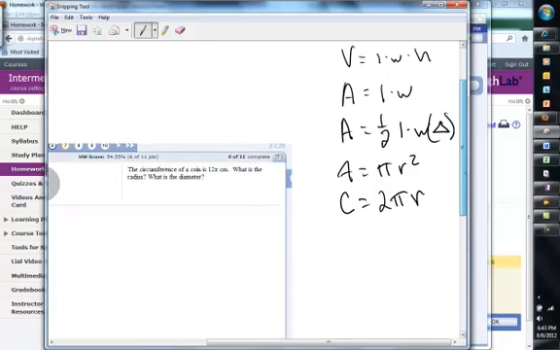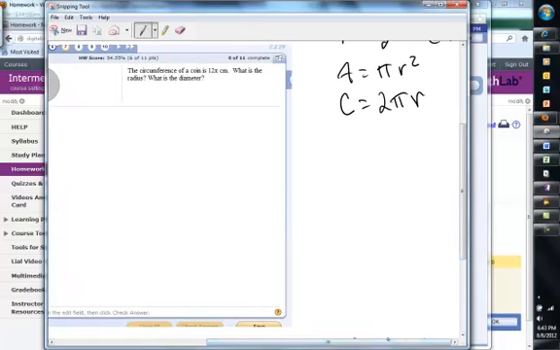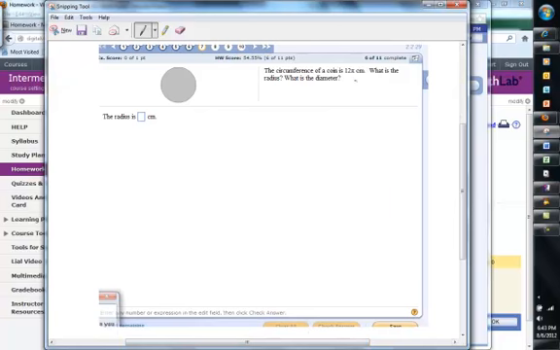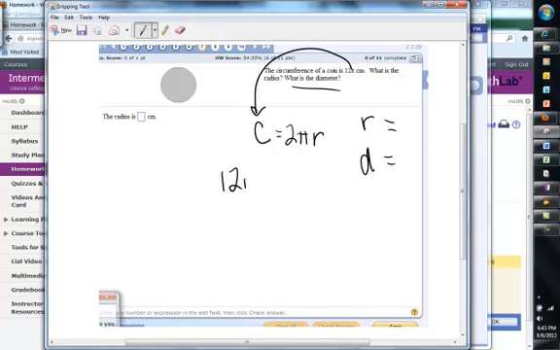Now, actually, the problem that we've got here is the circumference. The circumference of a certain coin is 12 pi. What is the radius? So R equals, and we need to know D equals also. Circumference is 2 pi R. That's what the formula says. So we have 12 pi centimeters equals 2 pi radius.